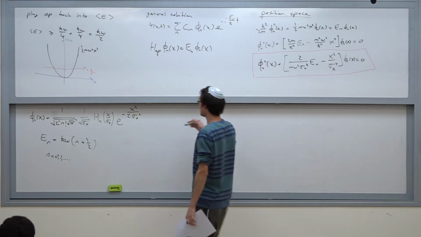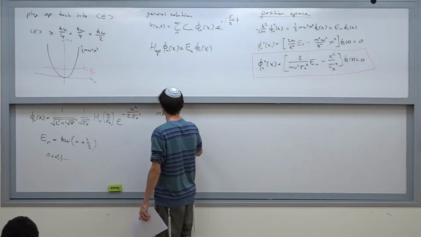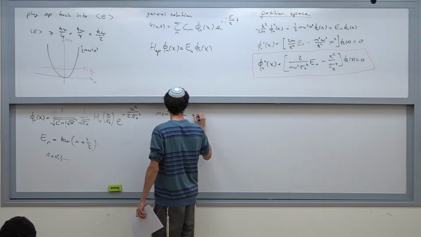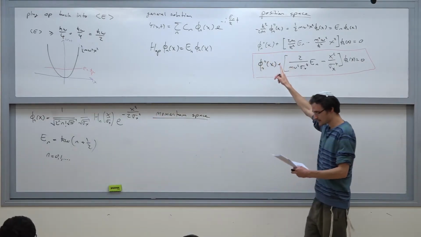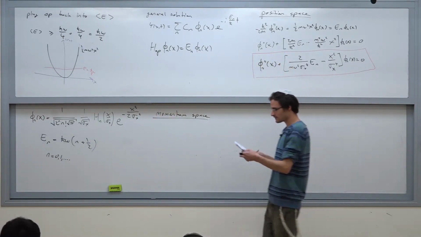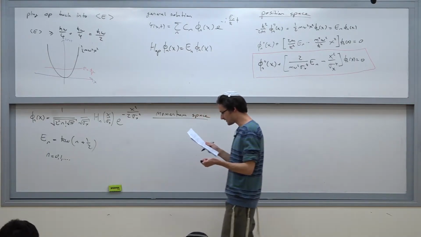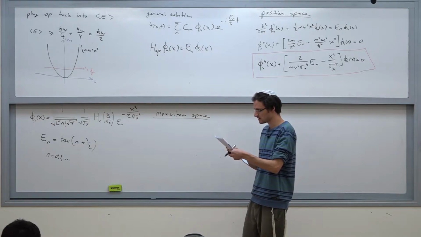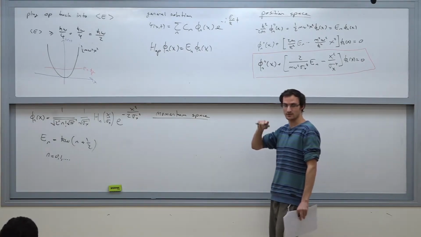Let's repeat what we did in position space, now again in momentum space. So I want to write down the Schrödinger equation again, but this time in momentum space. Now the p operator is just multiplication by p, and the x operator is a derivative with respect to the momentum.